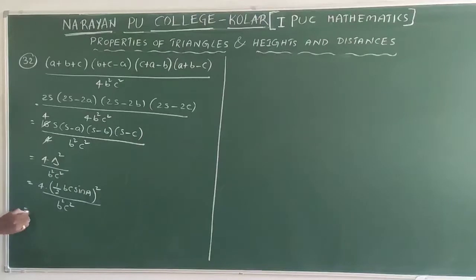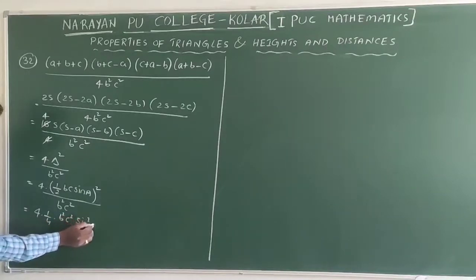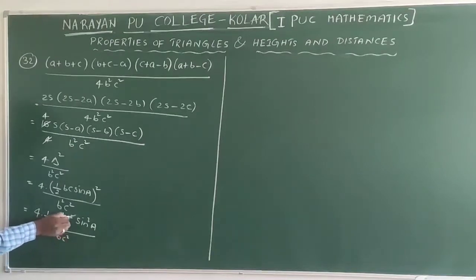If you simplify, 4 into 1 by 2 whole square, 1 by 4 B square C square sin square A, because the answer is given in capital A angle. Now B square C square cancel, 4 and 4 get cancelled. The required answer is sin square A. That is nothing but option C is the correct answer.